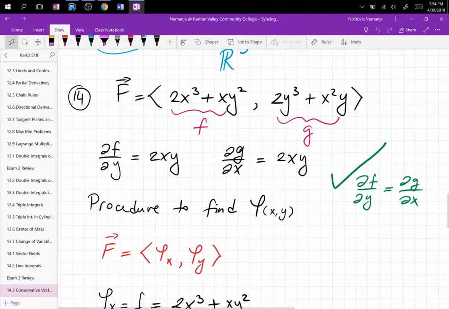It doesn't matter where you start. You can start from f, you can start from g. It's just important to make sure you are using the right constants there. All right, so now that that is done, that was problem 14.